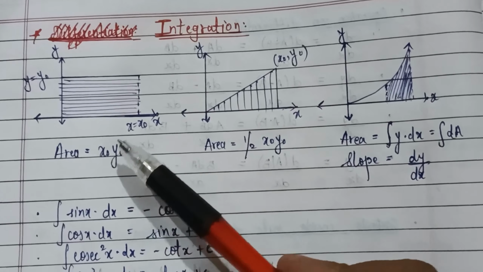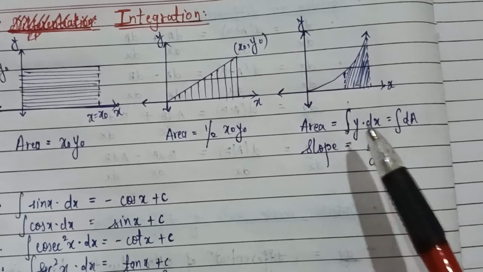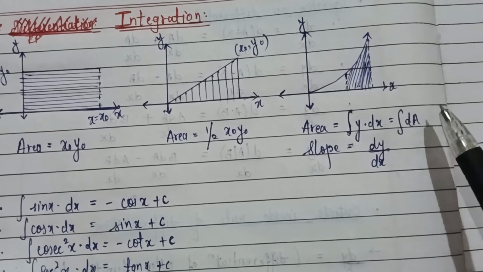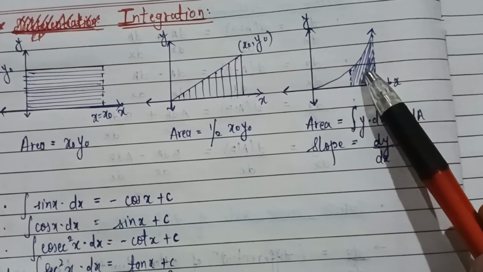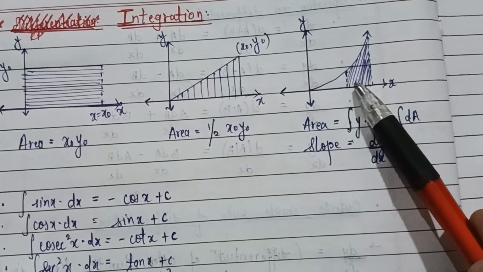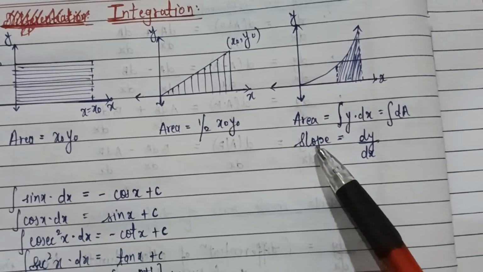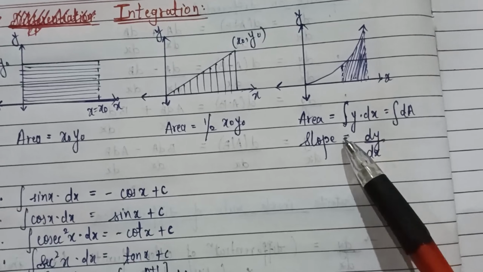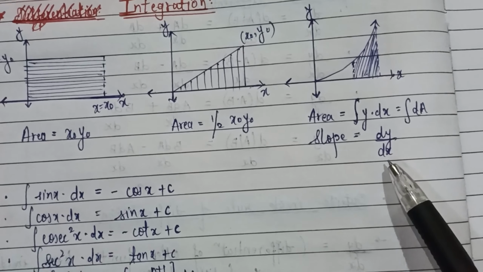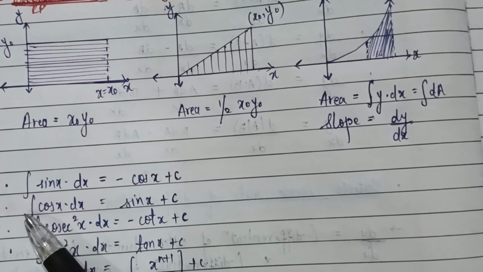According to this graph, the area is integration of y dx, which is equal to integration of dA. Here dA means area of every single point in this area. The slope of this graph is equal to derivative of y with respect to x.